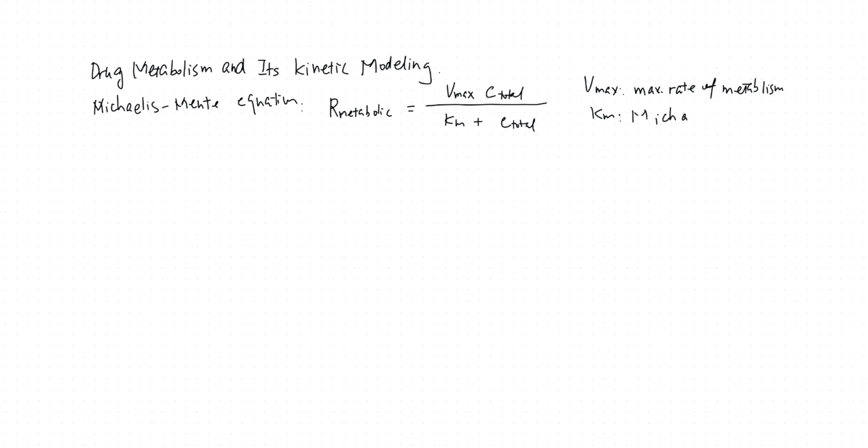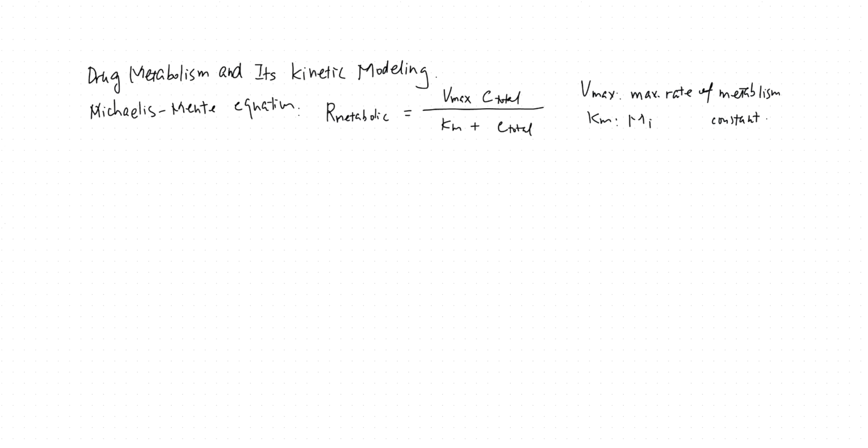Hopefully by now you have seen this enough, so you know that if the concentration is the same as this Km, then the metabolic rate is half of its maximum. Hopefully you can recognize this.